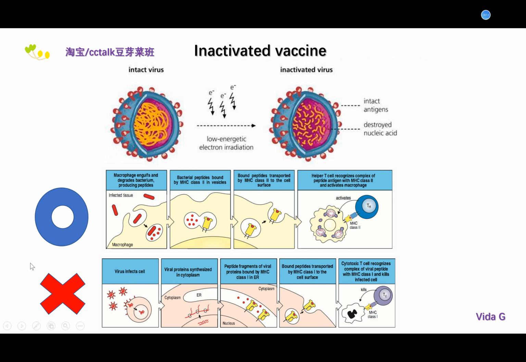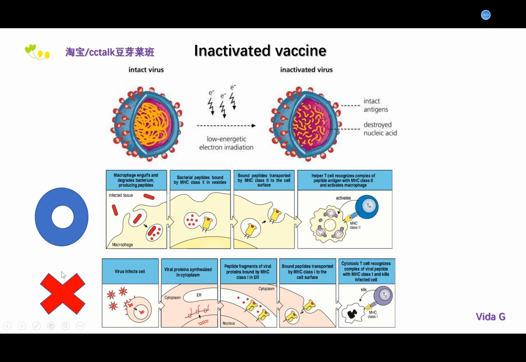But this kind of vaccine will not go through the MHC class 1 pathway because since the virus is dead, it can no longer infect the healthy body tissues. So it will not get into the healthy tissue cells to produce its own proteins by using the cell organelles.